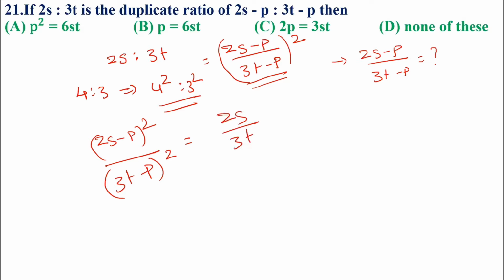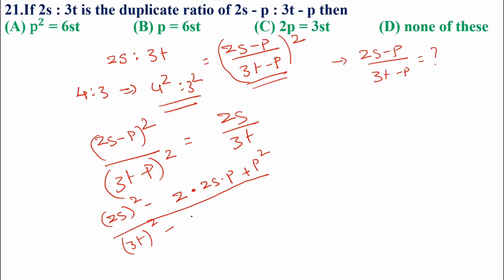So calculate this one. Just cross multiply. So first, (A minus B) whole square: A square minus 2AB plus B square by A square minus 2AB plus B square is equal to 2S by 3T.